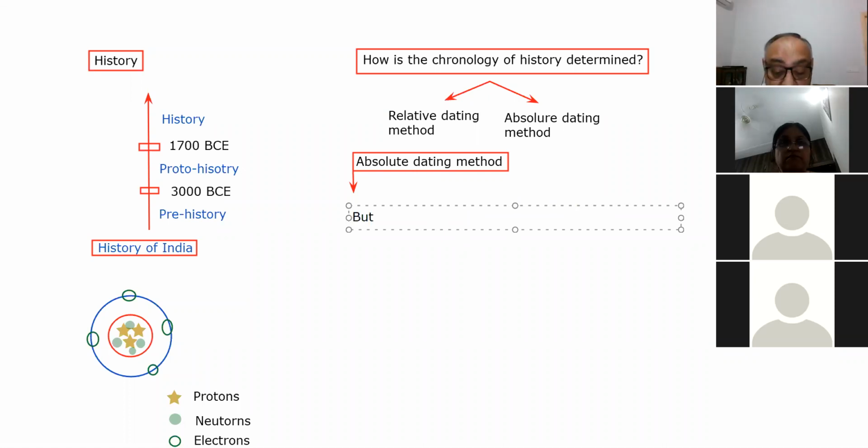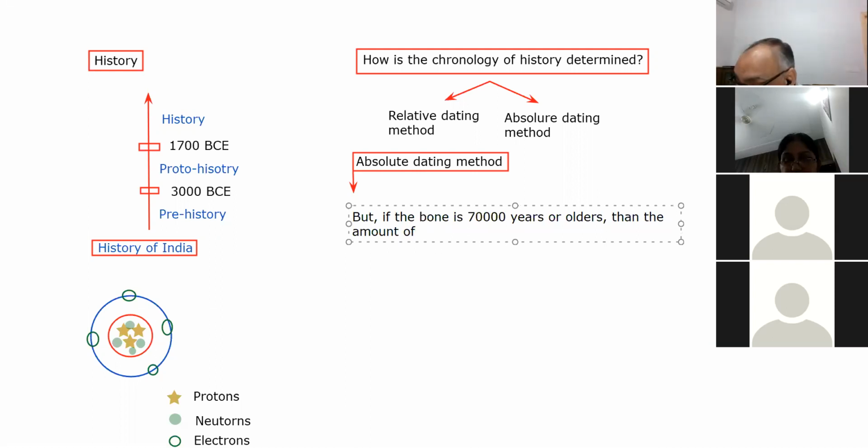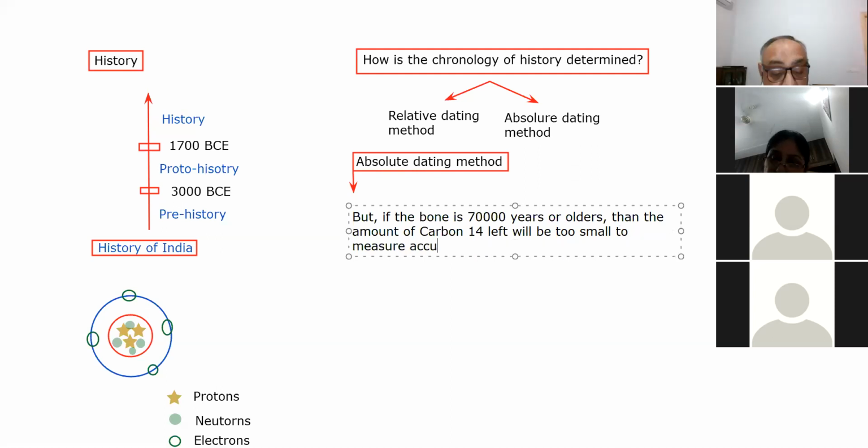But if the bone is 70,000 years or older, then the amount of carbon 14 isotope left will be too small to measure accurately, right?